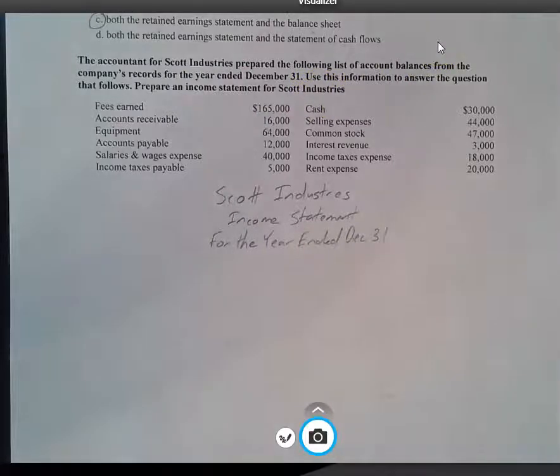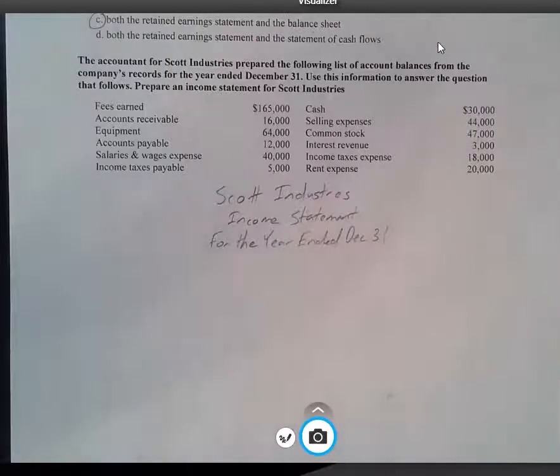Okay, so I will tell you right now, in order to be able to do this, you need to know which of these accounts are income statement accounts and which are not. Otherwise, you're going to try to put everything on there and you're going to have a jumbled up mess.